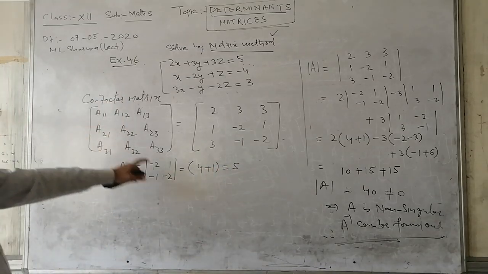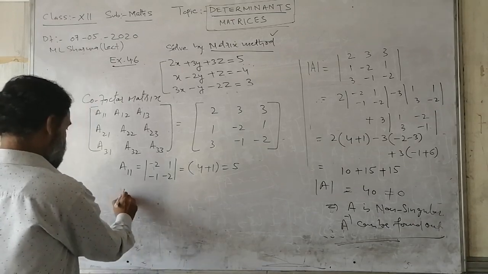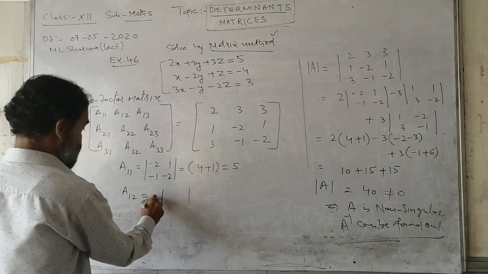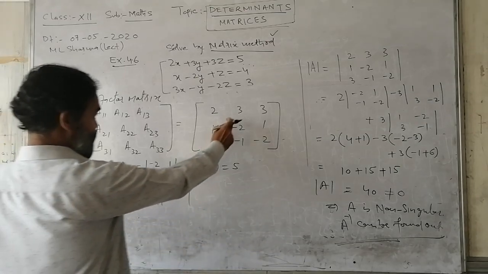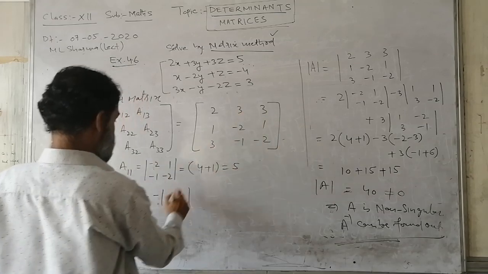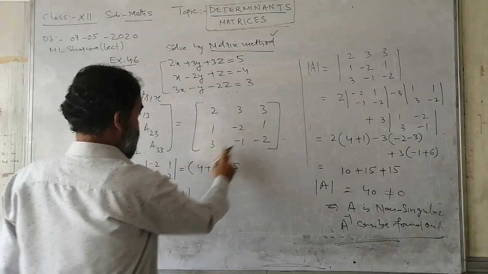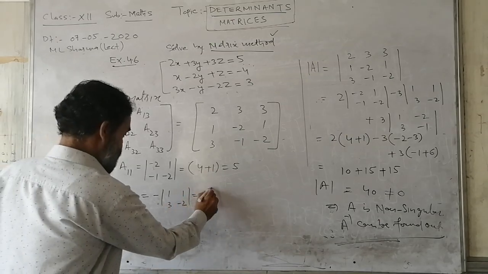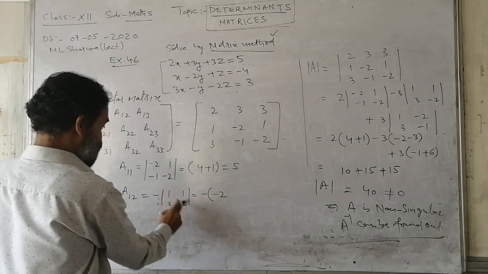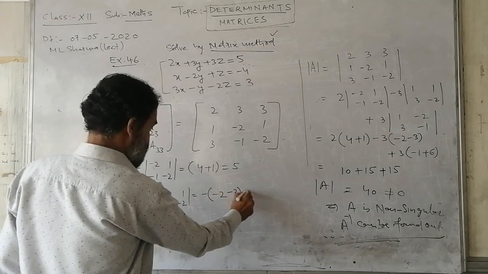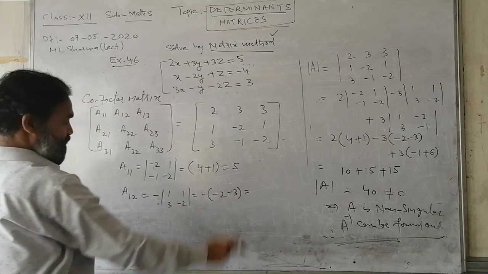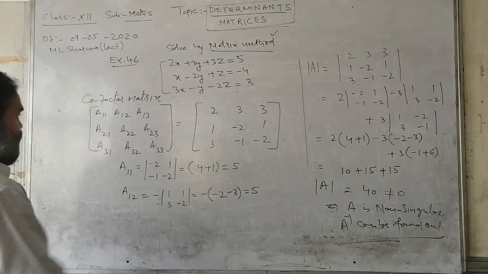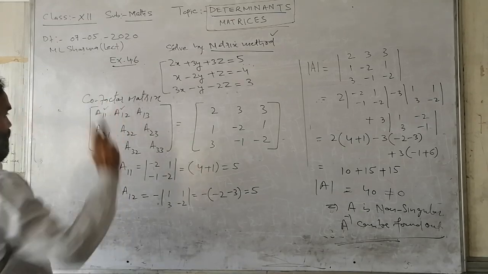So its first cofactor is 5. Then A12 will have a minus sign. This element, this row and this column are to be deleted. So 1, 1 and 3, minus 2 will be left. Minus sign, minus 2 and minus 3. So this will be minus 3 minus 2, minus 5, and minus outside, it will be 5. So its cofactor is this.